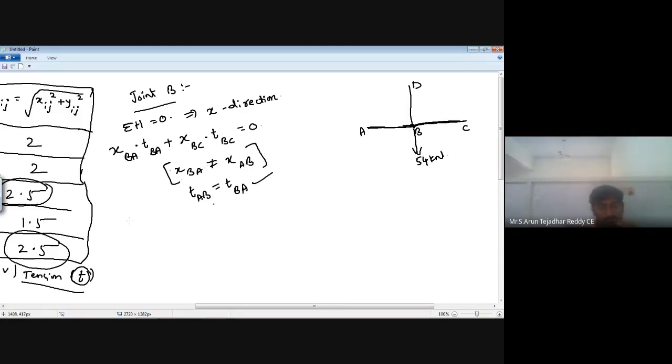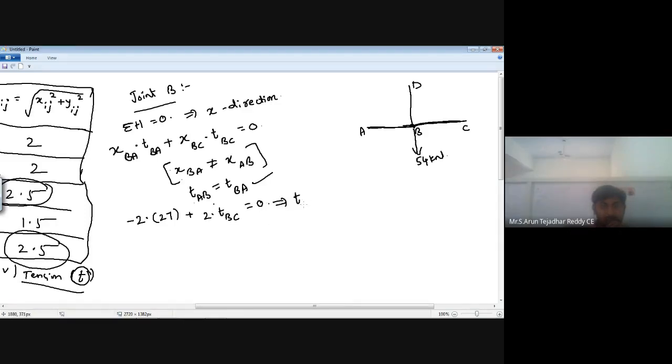So here -2 into TBA. Already we got TAB is equal to TBA, just now we got 27, plus 2 into TBC, the unknown, is equal to 0.